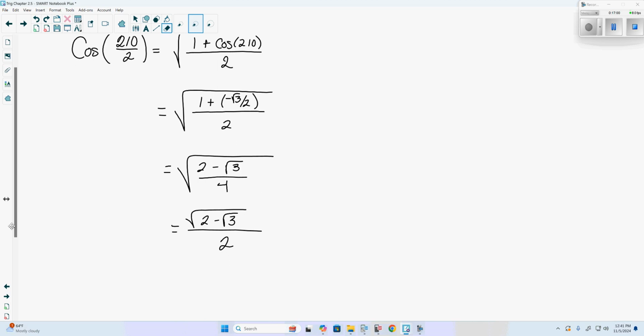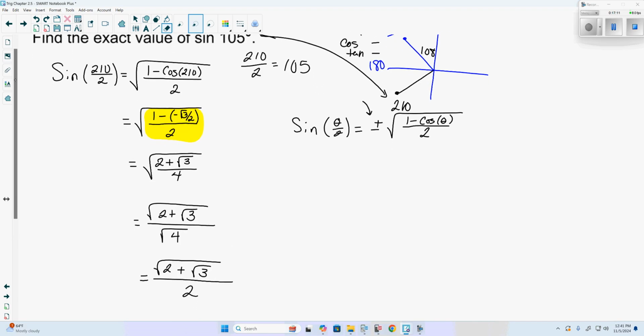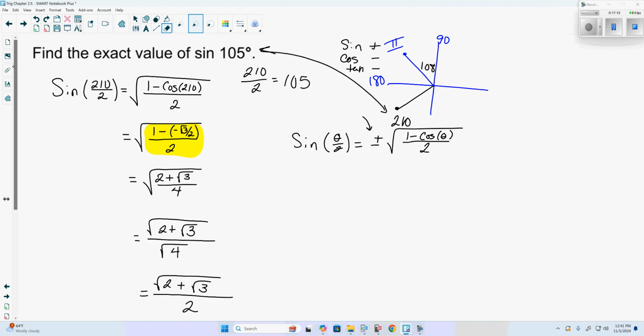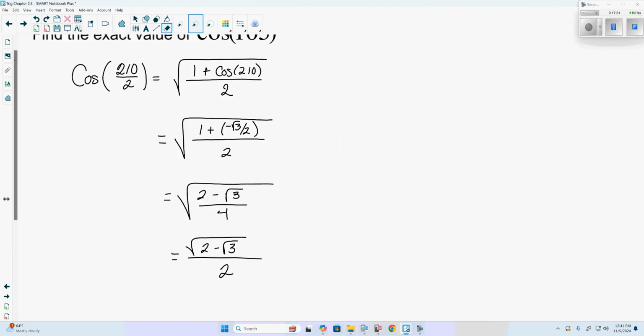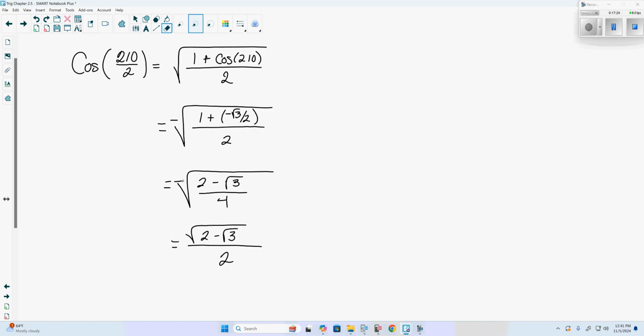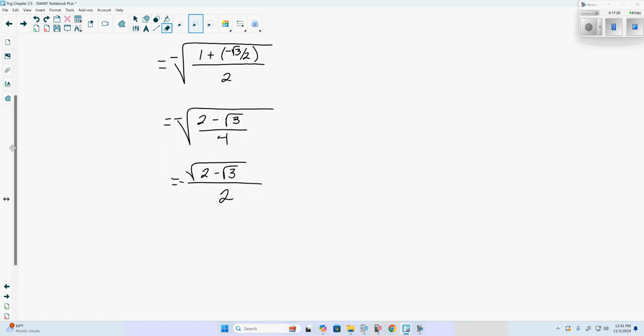And we're almost done with this problem here. Questions on this so far? Now, in the formula, it had plus or minus in front of it, and it's all dependent on the sign of cosine or sine where the starting angle was. So for 105 degrees, cosine is negative, which means this is going to have to be negative.